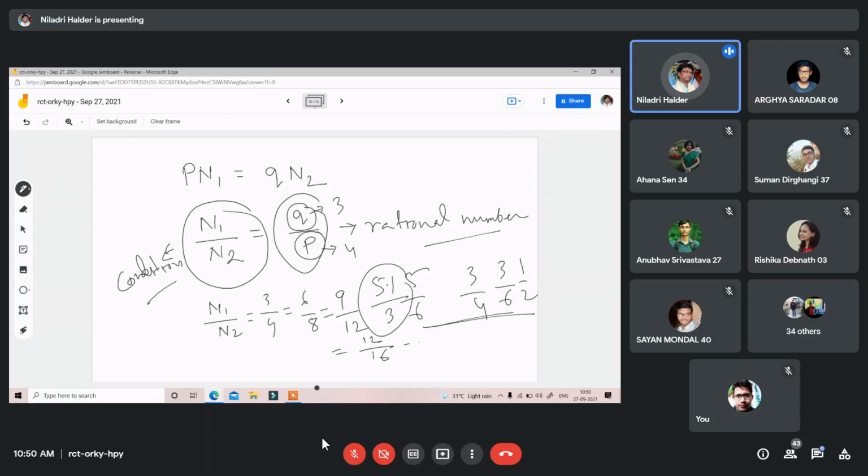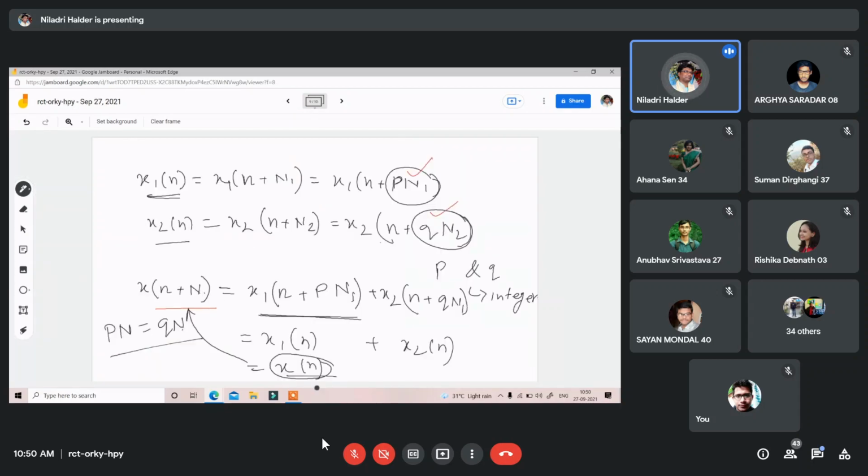So in that way you can continue. But which value will you consider? The lowest LCM. The LCM you will consider as the period of that xn.